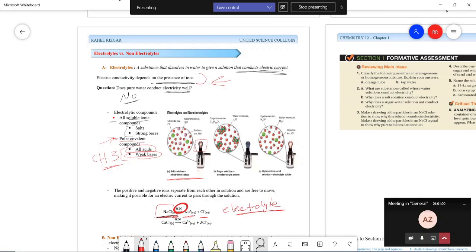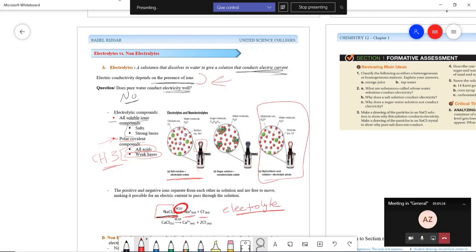When you enter the ministry exam, the questions will be related to 2 or 3 chapters, and you have to connect them together. For acids and weak bases, we will talk about them again in chapter 3. They conduct electricity; they are also electrolytes.